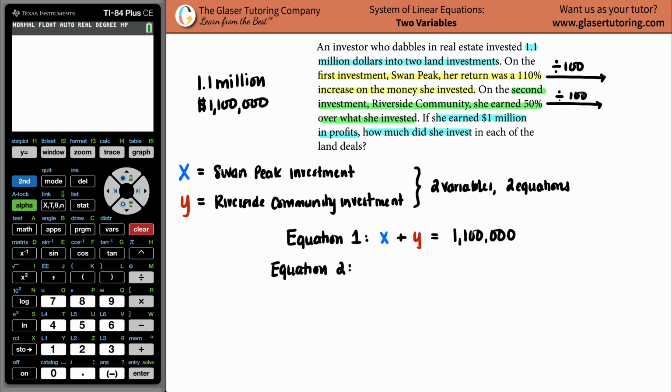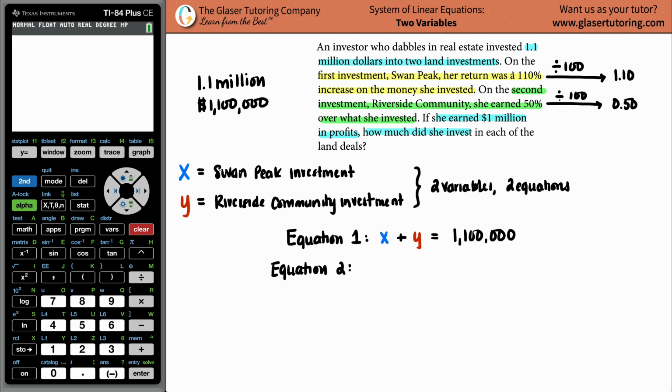We'll both divide by 100, or you can move the decimal two slots to the left. So this would be 1.10, and this would be 0.50. Even still, 50% on a return, that's nuts. You're lucky if you get 20%. Yeah, we gotta get into these guys. We gotta find them out.